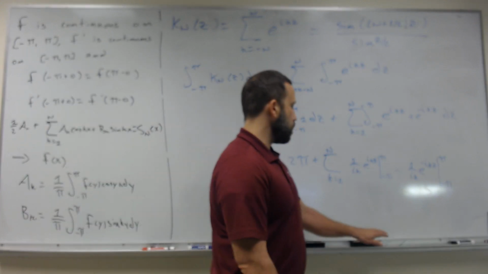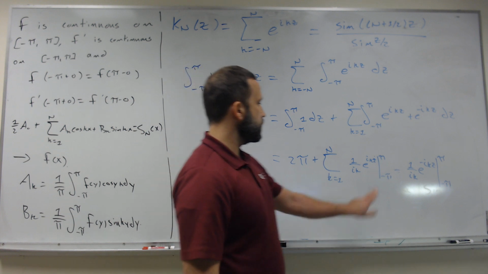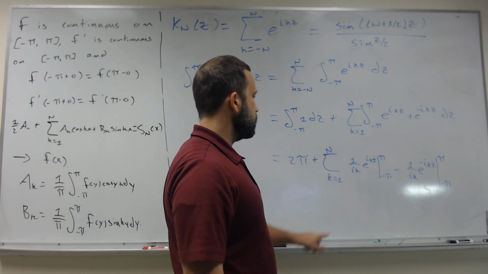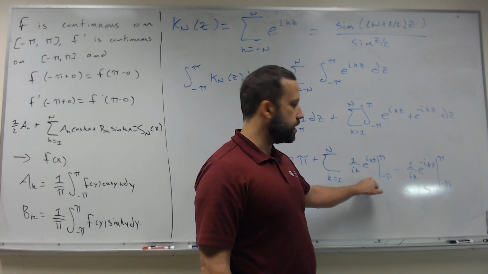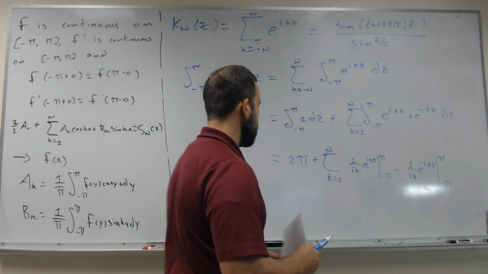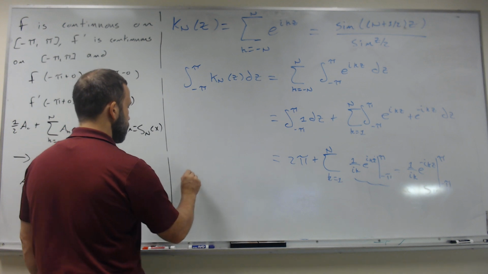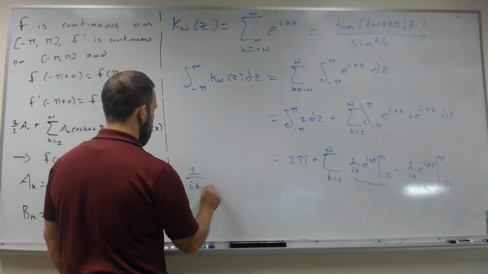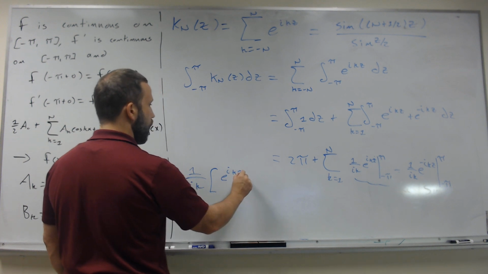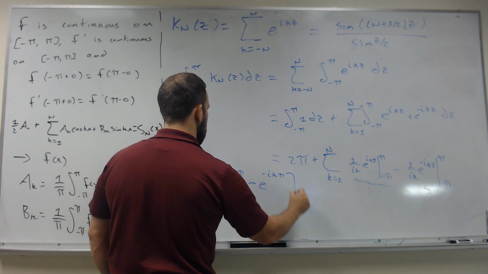Now there are a number of ways to see this, but both of these terms are going to be equal to 0. Why is that? If you think about e to the ikz, this is 2 pi periodic. If I plug in pi in this term right here, I get 1 over ik times e to the ik pi minus e to the minus ik pi.